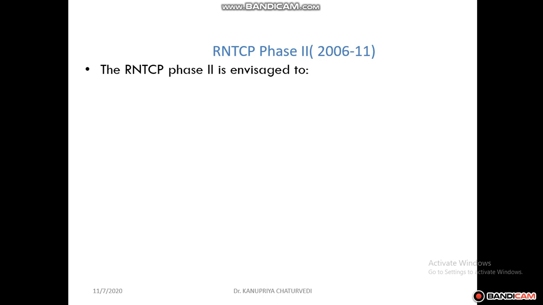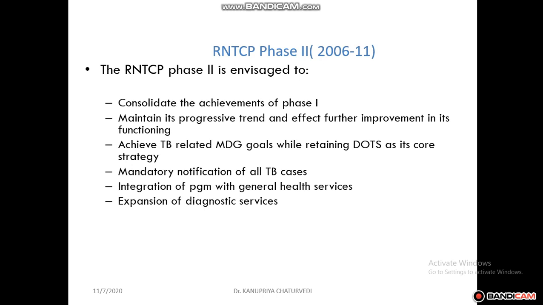Coming to phase 2, it is starting from 2006 till 2011, and this phase 2 is envisaged to consolidate the achievements of phase 1, maintain its progressive trend and effect further improvement in its functioning, achieve TB-related MDG goals while retaining DOTS as its core strategy, mandatory notification of all TB cases, integration of program with general health services, expansion of diagnostic services.